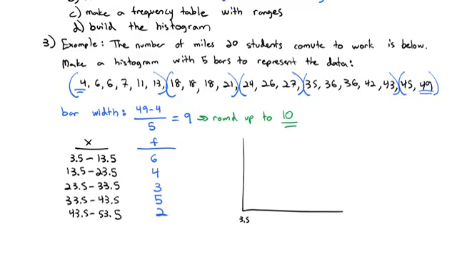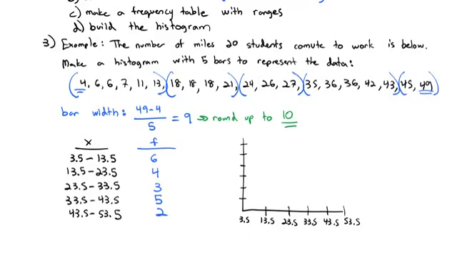Starting at 3.5, my next tick mark is 10 later at 13.5, then 23.5, 33.5, 43.5, and 53.5. Our frequencies go up to 6. 1, 2, 3, 4, 5, 6.